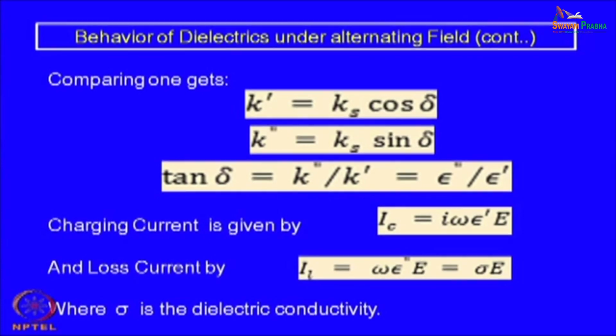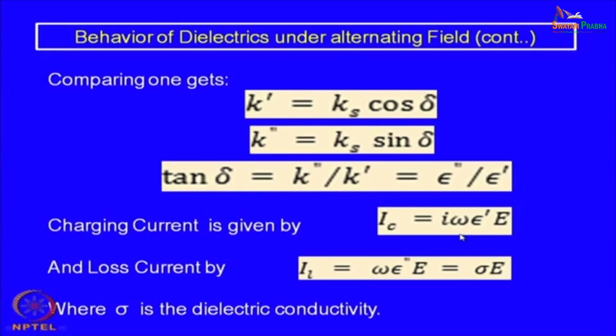Now, from these equations one can find out there are two components of the current. One is called the charging current, which is out of phase with the voltage or the electric field you apply.